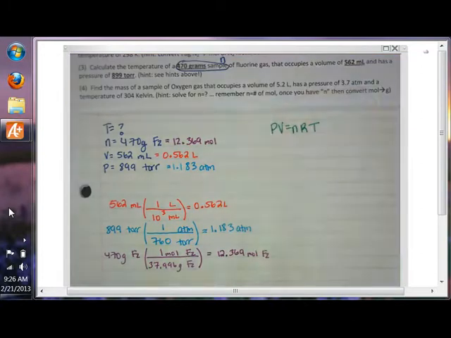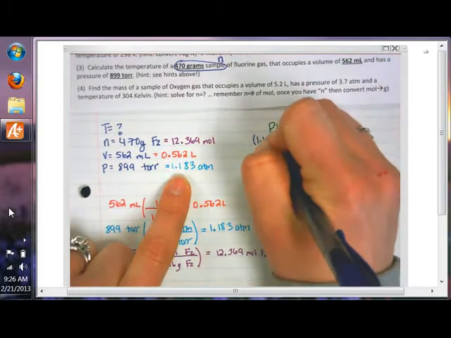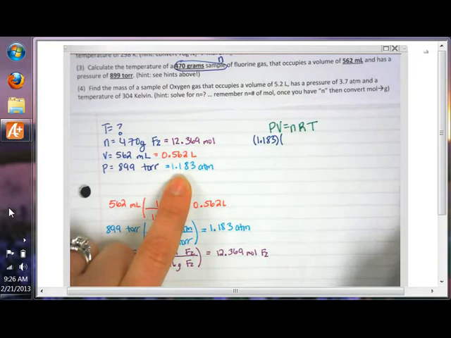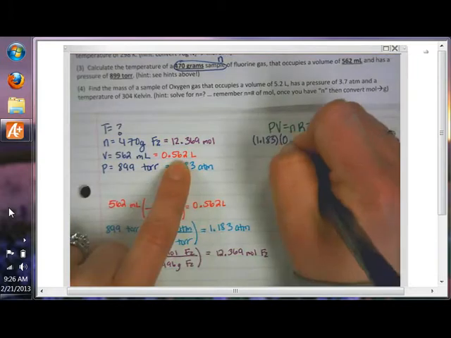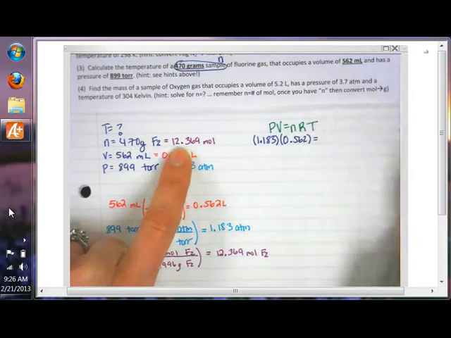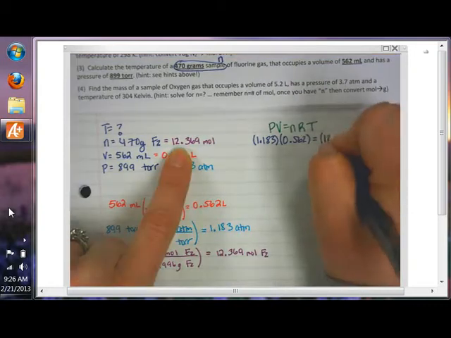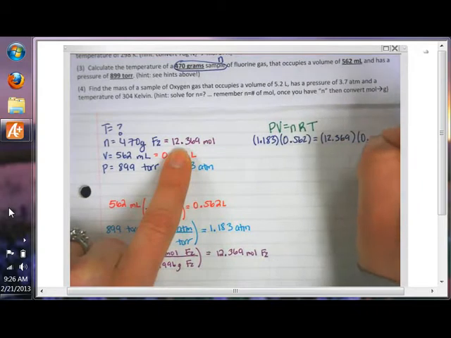So P is 1.183, V is 0.562, N in moles is 12.369, R is always 0.0821, and they wanted me to find temperature.